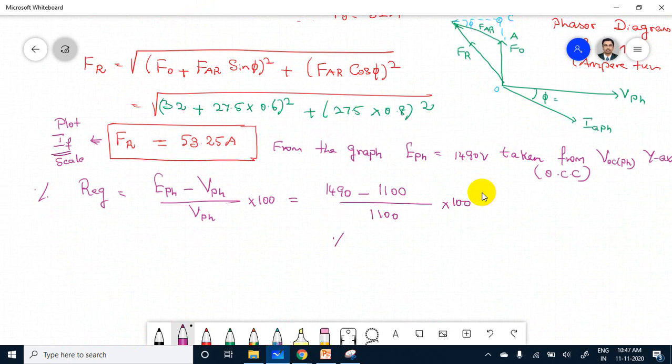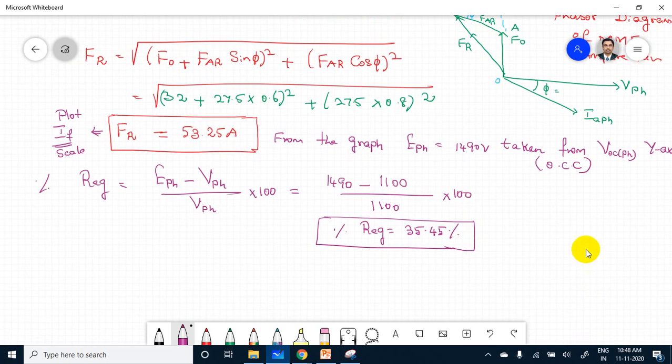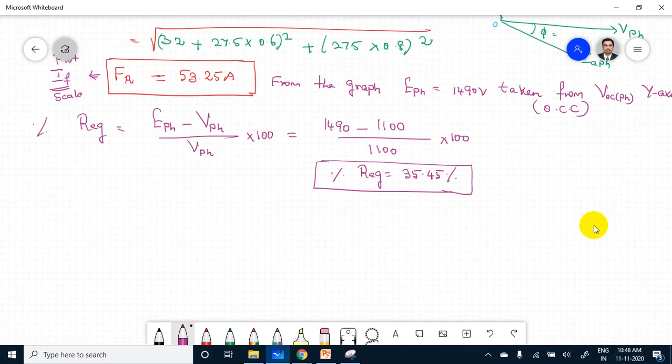Good. Percentage regulation equal to 35.45%. Understand? This is nothing but the MMF method, where everything we take from the graph only.